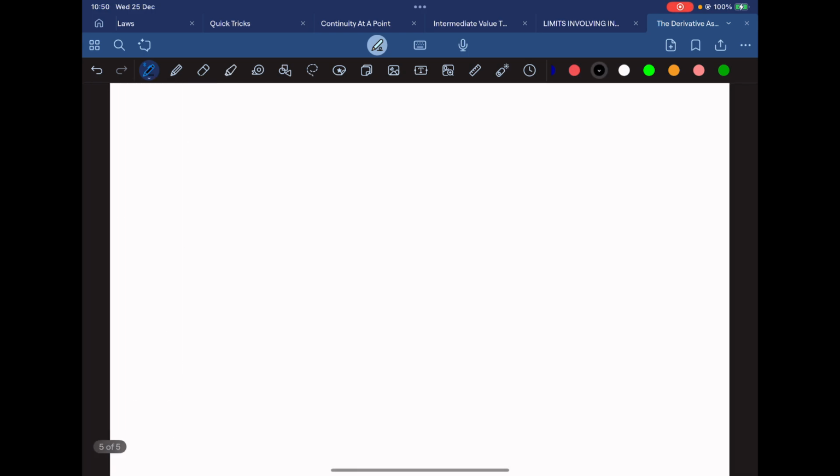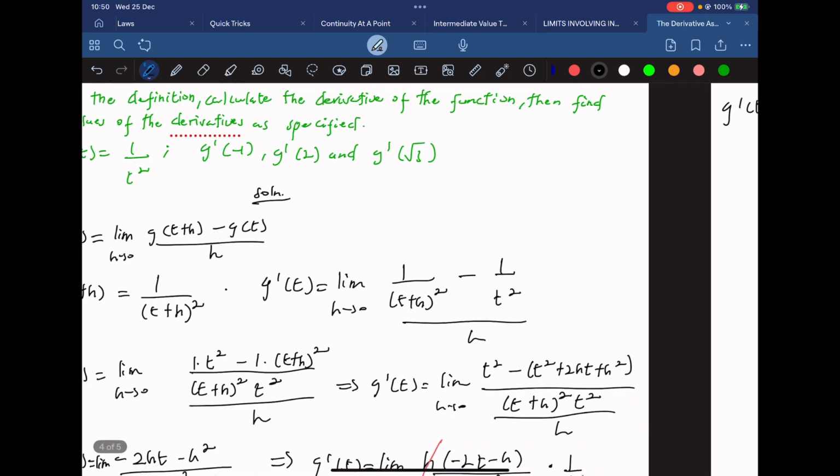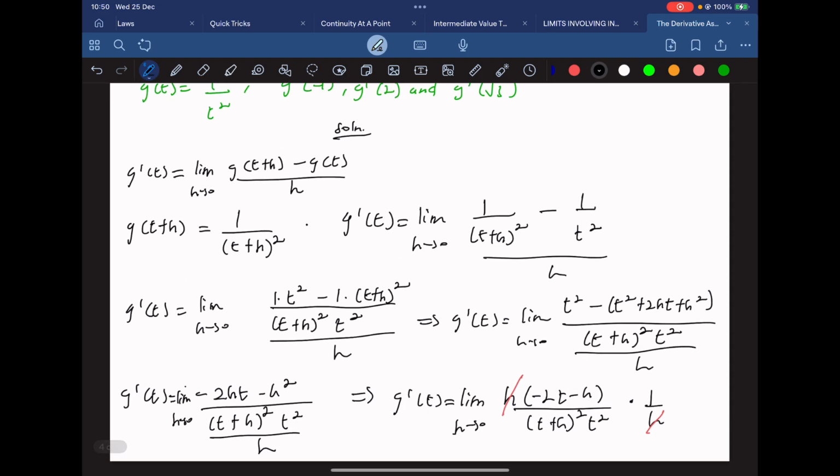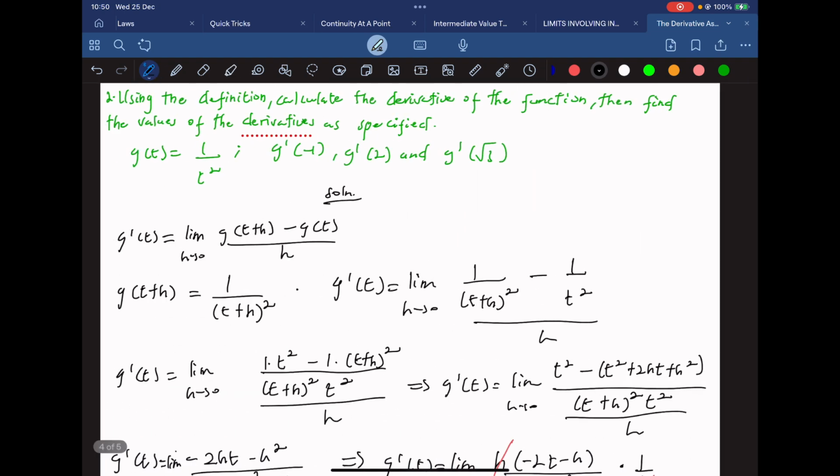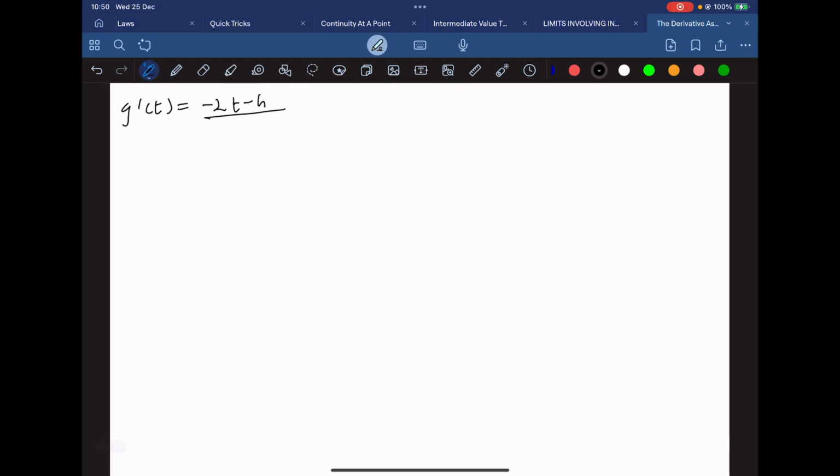So in our next step, we have g prime of t will be equal to, if we multiply the numerators, we just have minus 2t minus h, and in the denominator, we have t squared times t plus h all squared. Always do not forget your limit. So we have limit as h approaches 0.